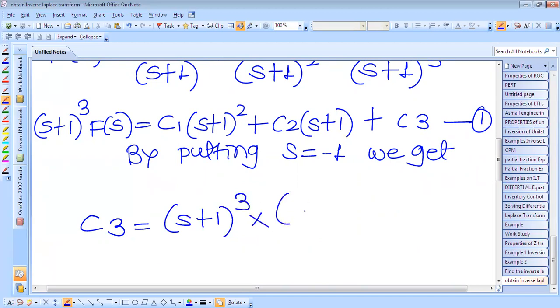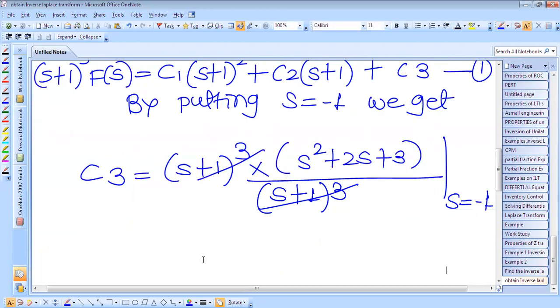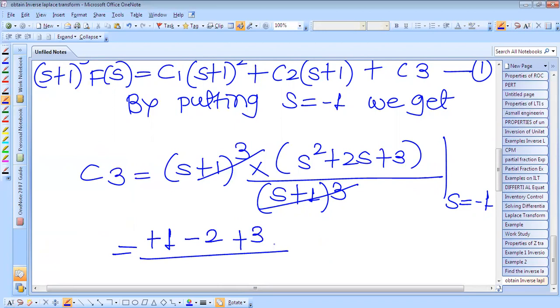F of s is given as s square plus 2s plus 3 divided by s plus 1 cube, evaluated at s is equal to minus 1. The s plus 1 cube will cancel, and putting s is equal to minus 1, we get 1 minus 2 plus 3, which is equal to 2. Therefore, c3 is equal to 2.